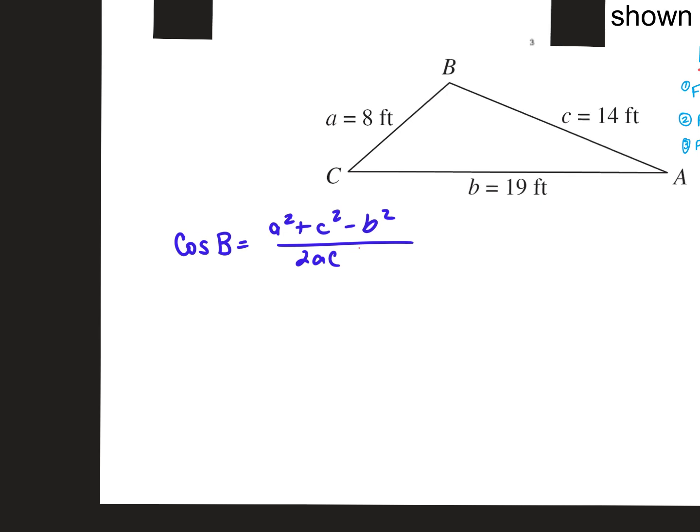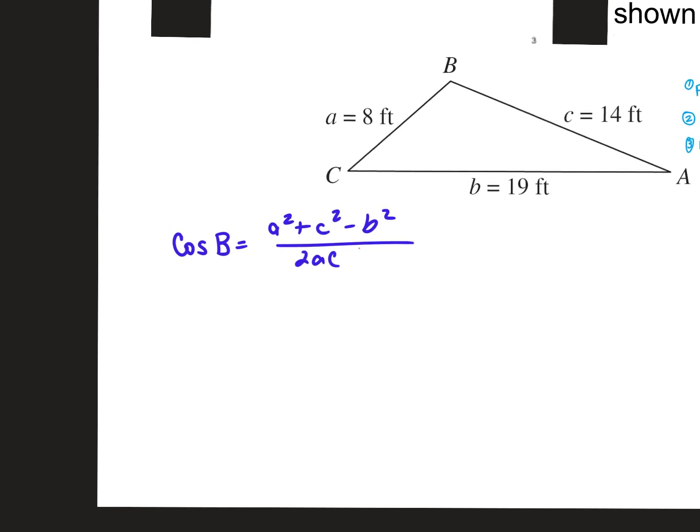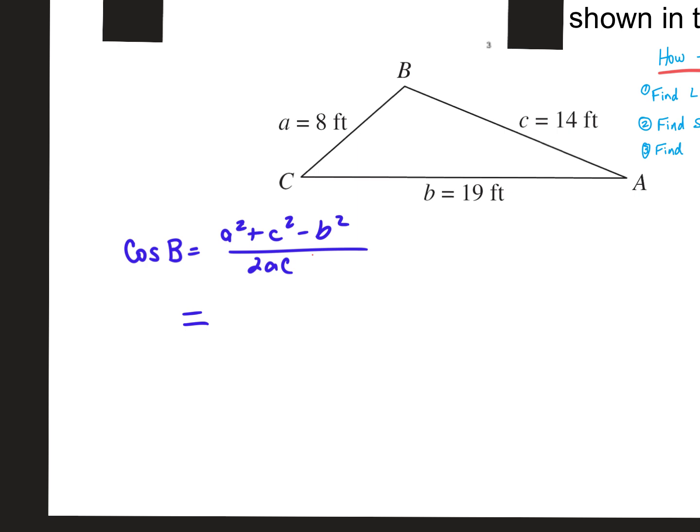Now, all we do, guys, is plug in all of the information. So what is side A? 8. So we have 8 squared plus, what's C? 14 squared minus 19 squared all over 2 times 8 times what? 14, okay?